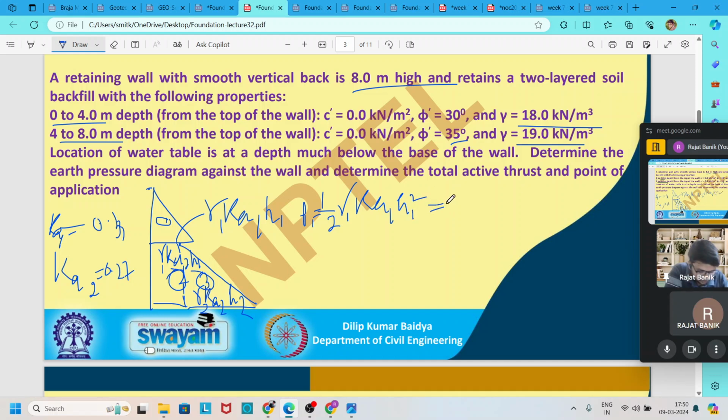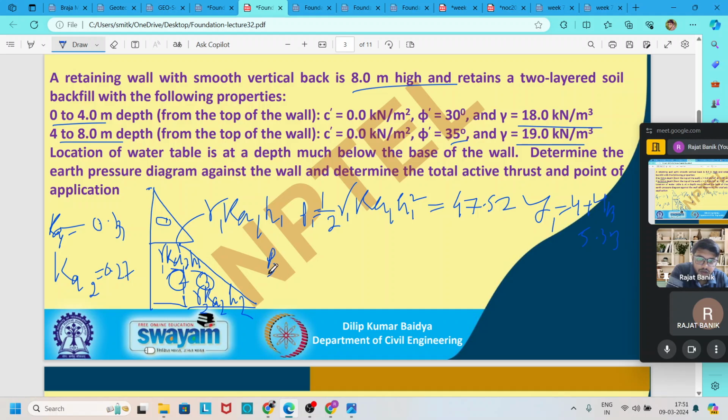It becomes 0.5 into gamma 1 is 18 into K1 for 30 degree 0.33 into H1 is 4 square. It becomes 47.5. Y1 for the first layer is H2 plus H1 by 3. So it is 4 plus 4 by 3 and it becomes 5.33.